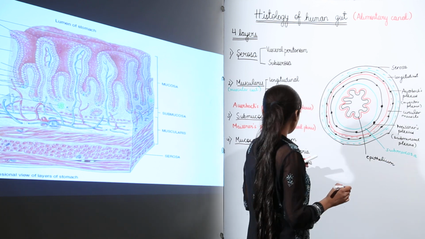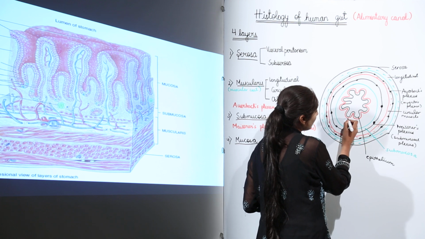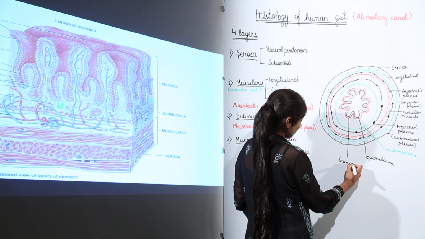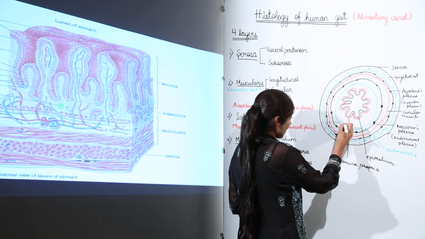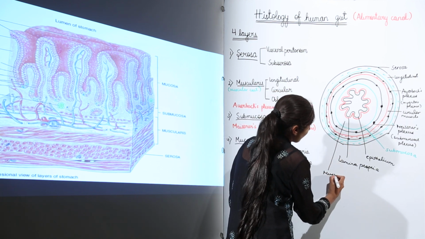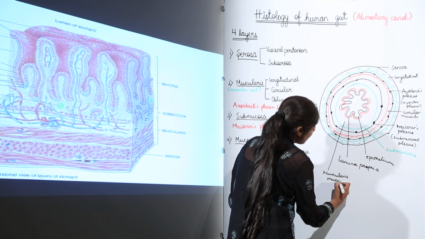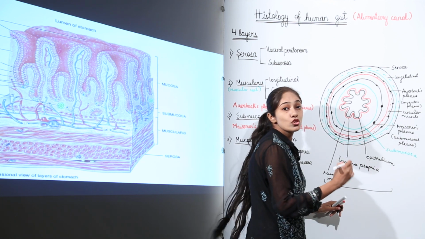Then we have the lamina propria and the muscularis mucosa. We have another layer that is known as lamina propria, and outwards to this we have the muscularis mucosa. Muscularis mucosa, and these are the regions of mucosa.